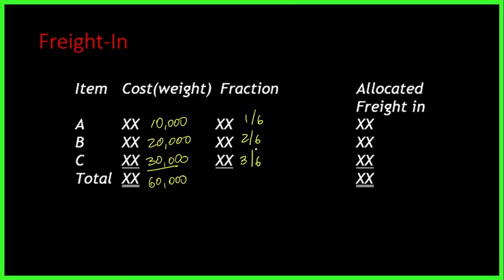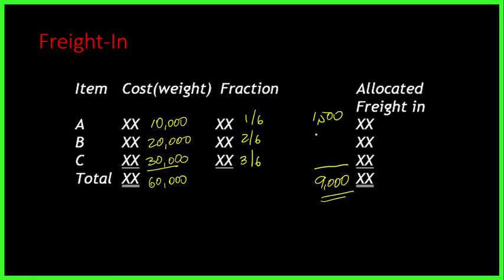Shortcut ko lang. So now, let's assume that your total freight in is, kunyari, 90,000. Mas mahal pa yung freight in. Wait lang. Kunyari, 9,000 na lang. So you simply multiply that by the fraction. So 9,000 times 1 over 6, that will be 1,500 yata.